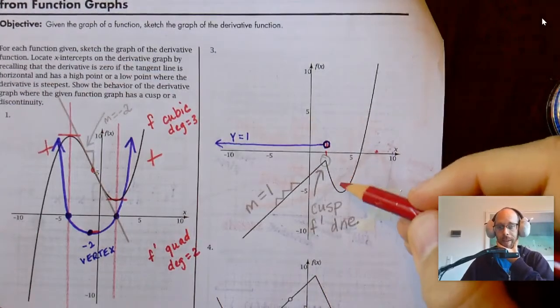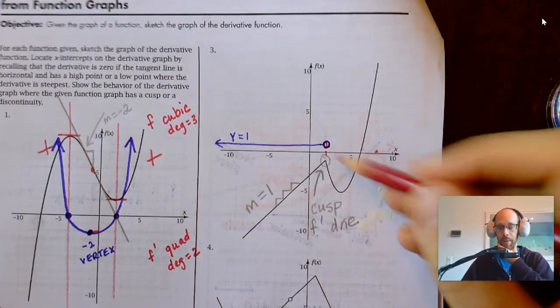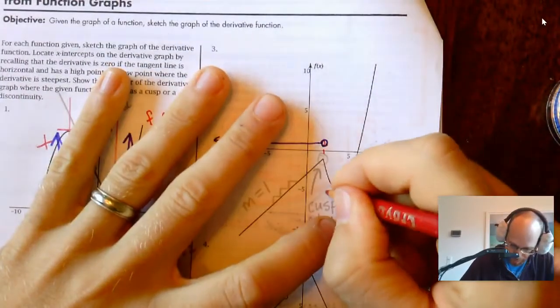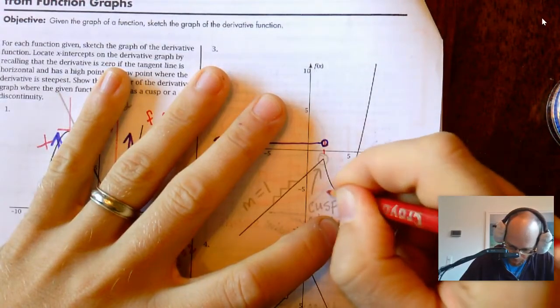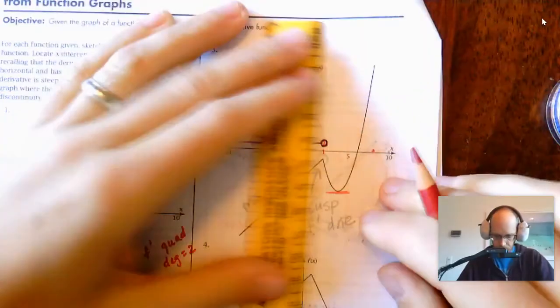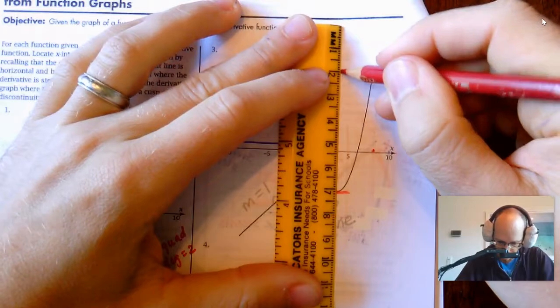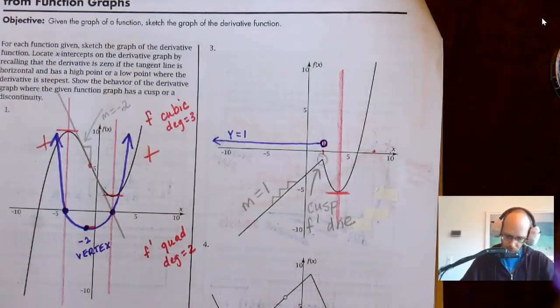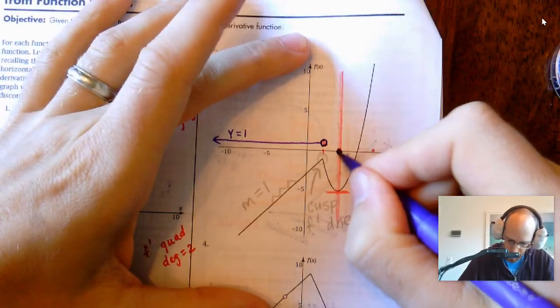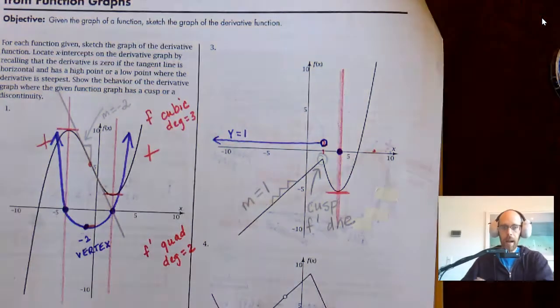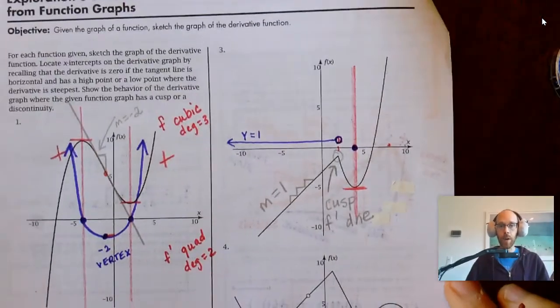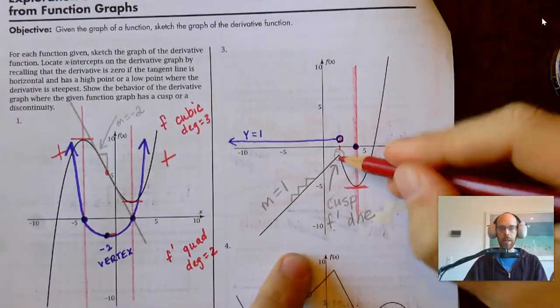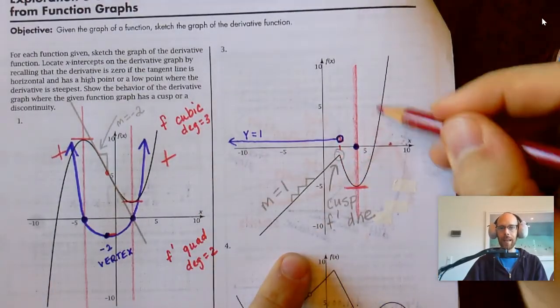So let's get 2 points that are going to be on this parabola. I'm going to go for an easy one. Right here, when x is equal to 4, I can see that the derivative is 0. So I'm going to mark a 0 right here. Now, the other thing that I am going to note is that the function is decreasing and then increasing.